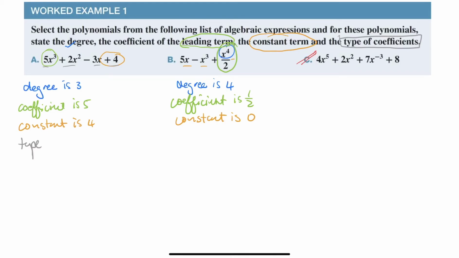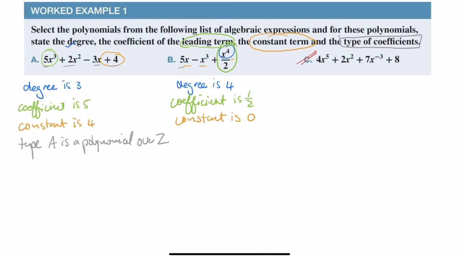So I'll say A is a polynomial over Z. Now remember, Z is our symbol for saying that these are all integers.